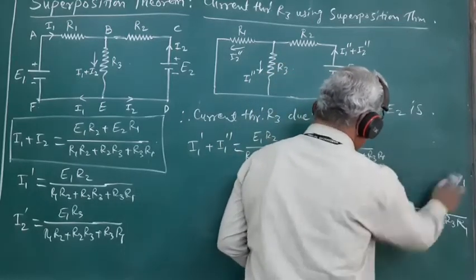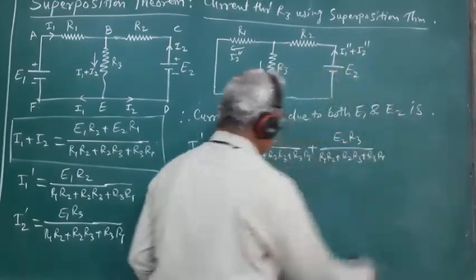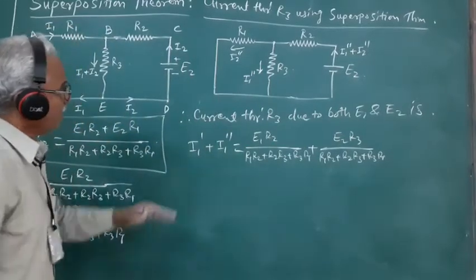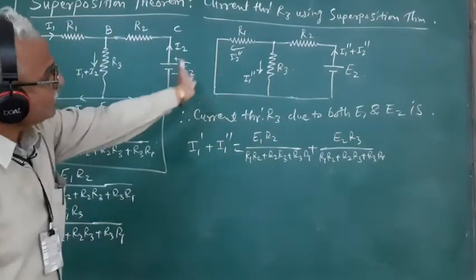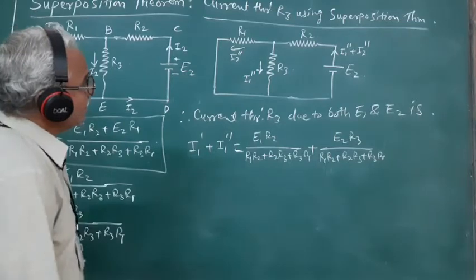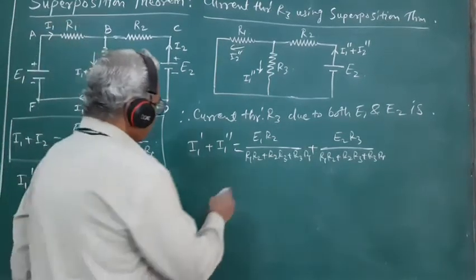So this is the total current that will flow through the resistance R3 in the presence of both the sources of EMFs, E1 and E2.